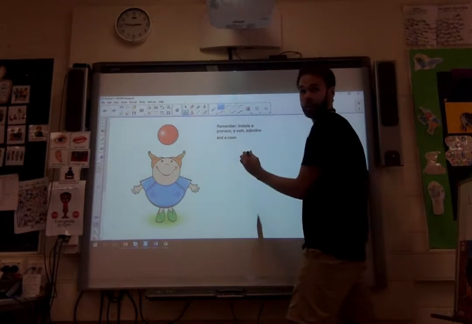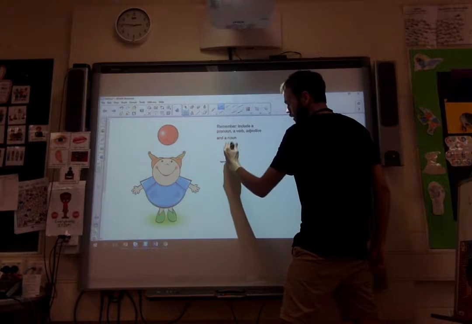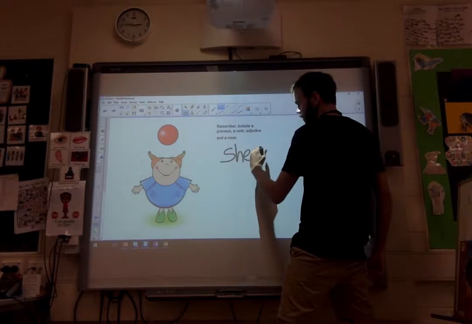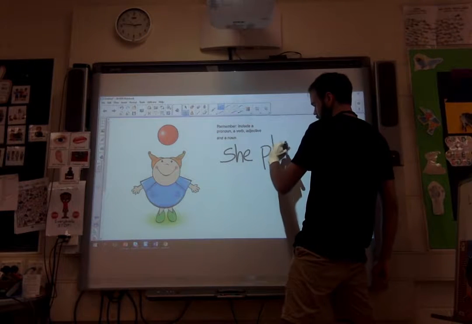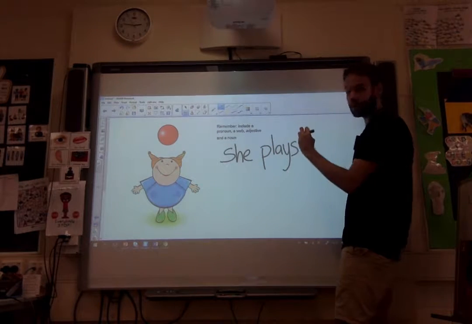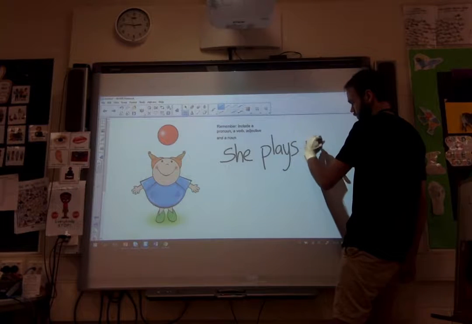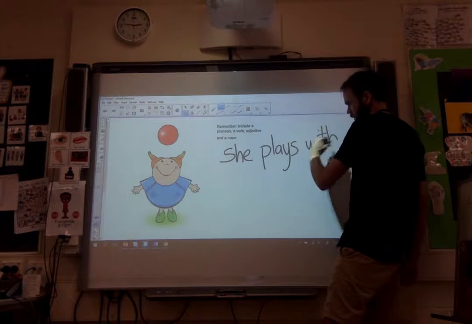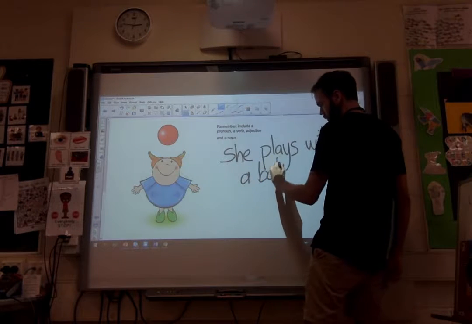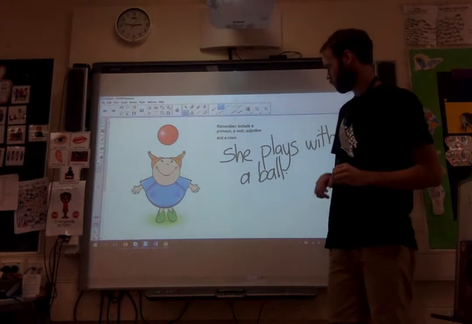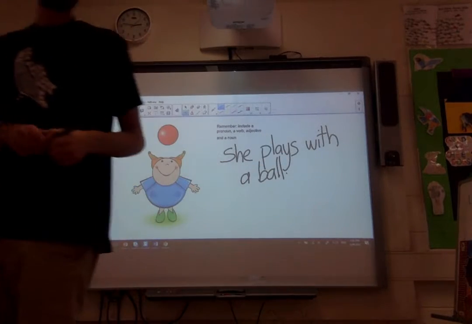Okay, so we have she plays with a ball. Okay, she plays with the ball.